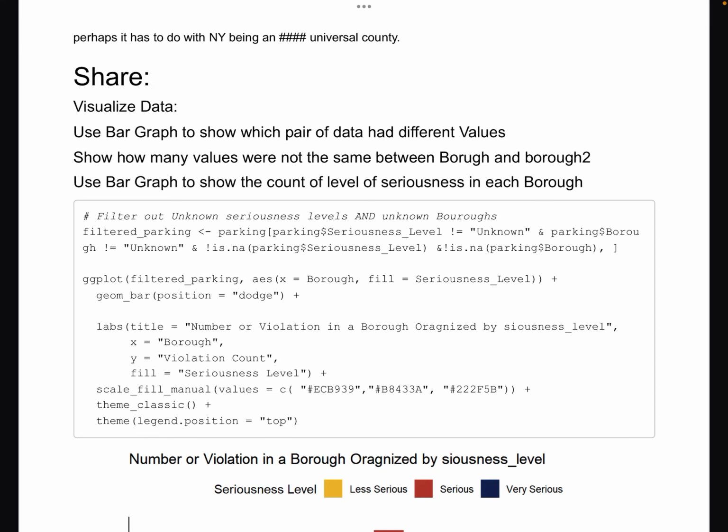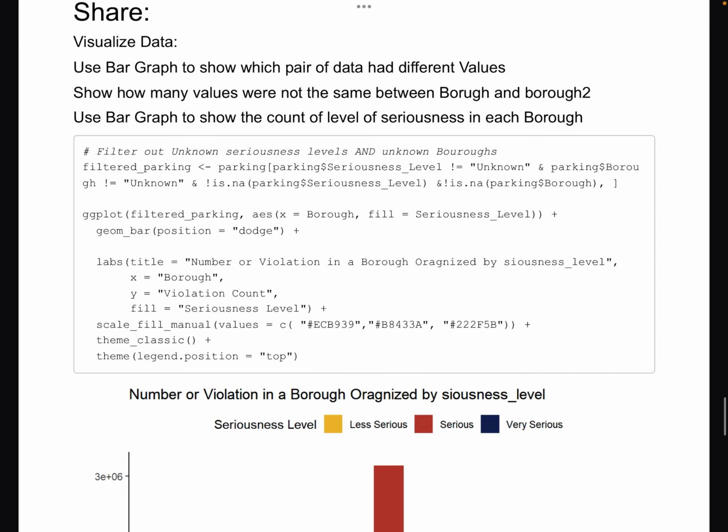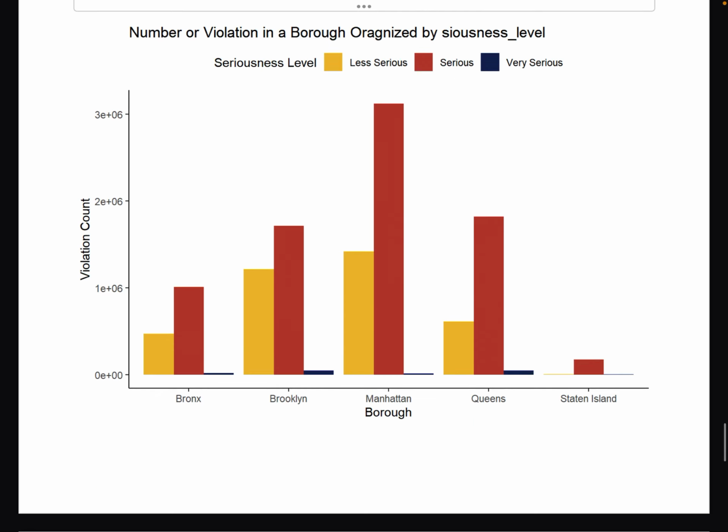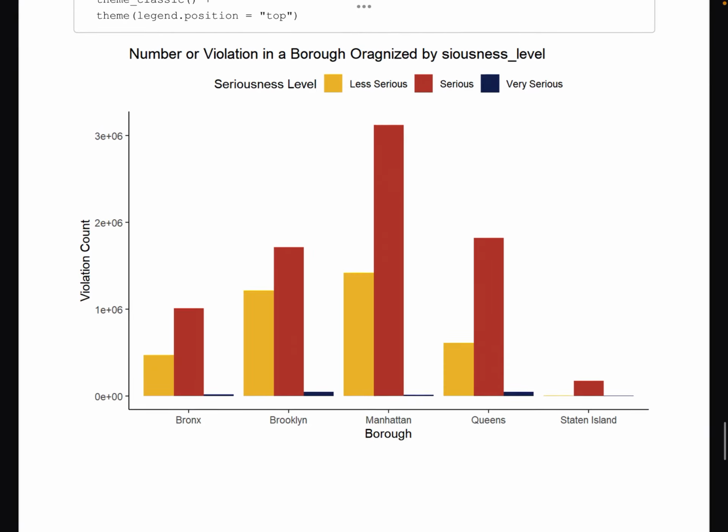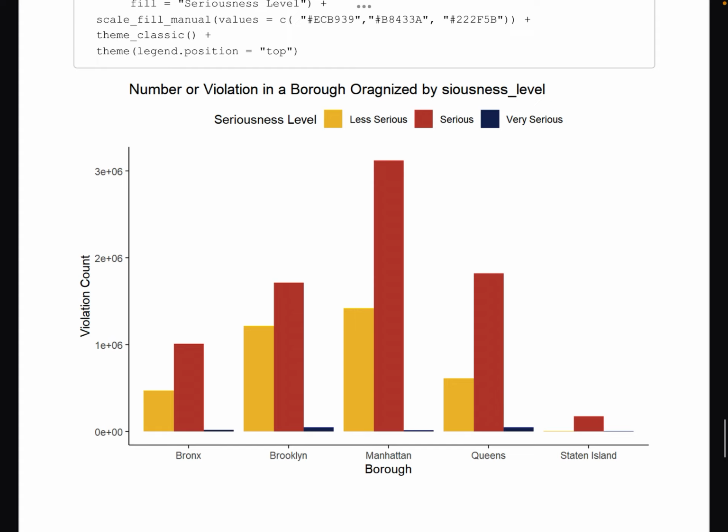And I decided to go back and graph how serious each borough was, and how many violations it had. So here's the data. I couldn't really find any concrete evidence.